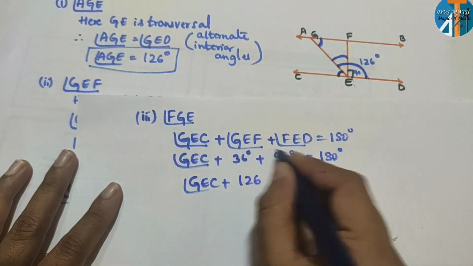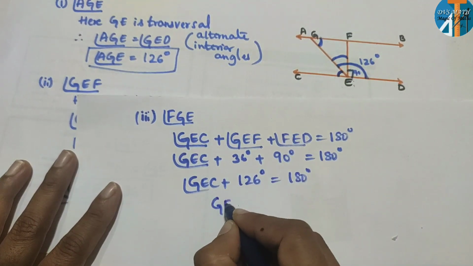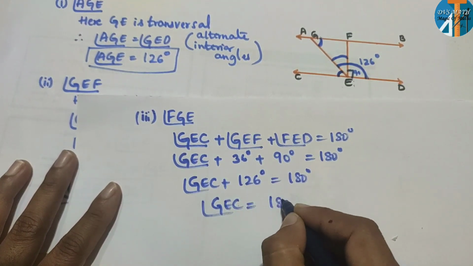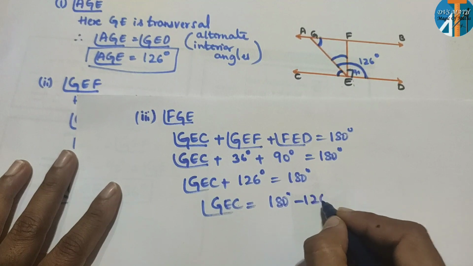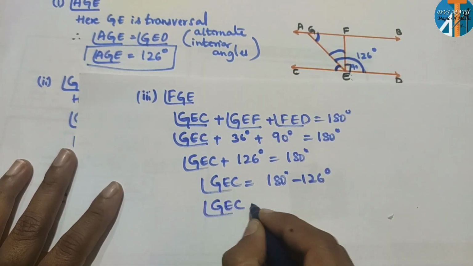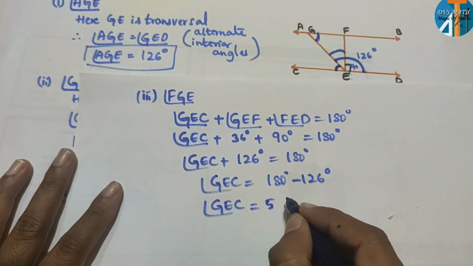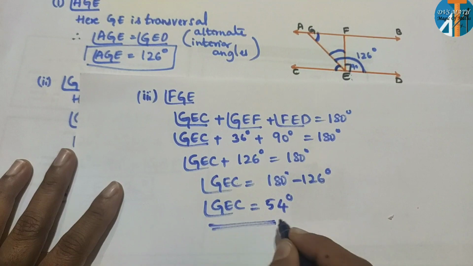Now GEC is equal to 180 degrees minus 126 degrees. So GEC is equal to 180 minus 126, and you will get 54 degrees. You got 54.